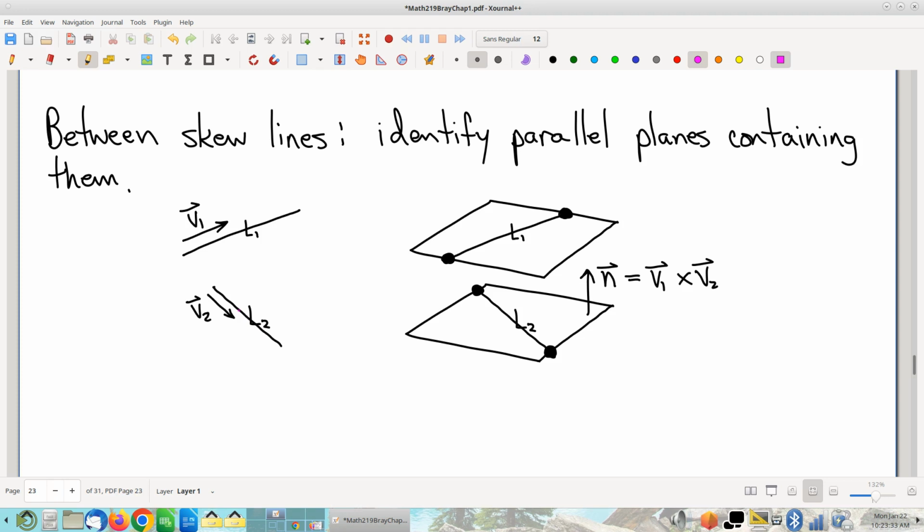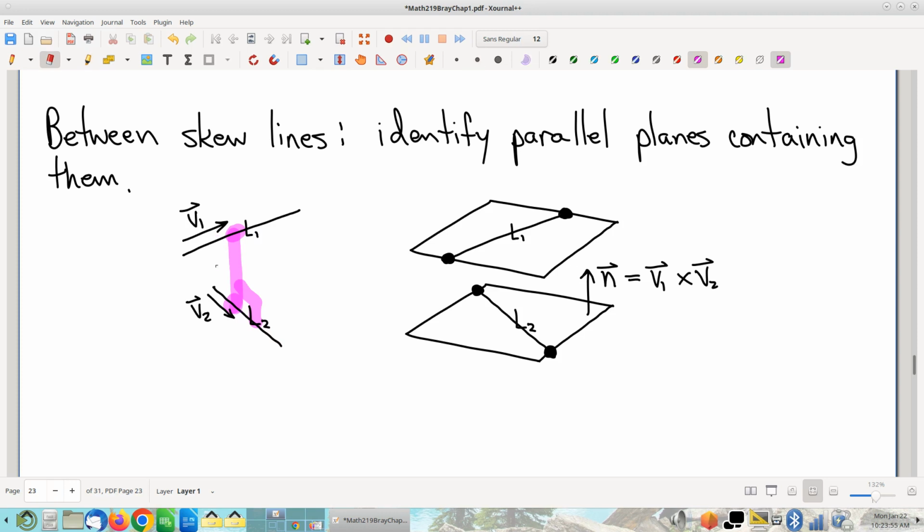And what we're going to be looking for is the pair of points such that the line segment between them is perpendicular to the first line and also perpendicular to the second line. Okay, so that's what we mean by the distance between 2 skew lines.